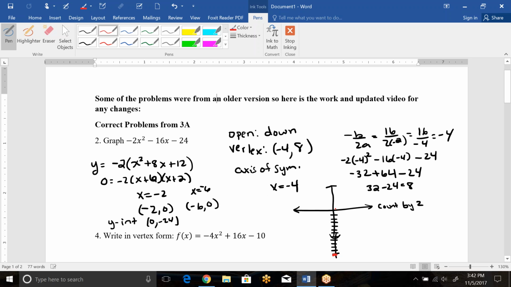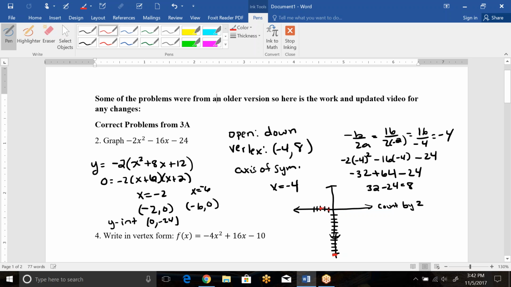My x-intercepts are at negative 2, which would actually be right here if we're counting by 2's. So let me erase that real quick. So negative 2, and at negative 6, which would be 2, 4, 6, so negative 6.